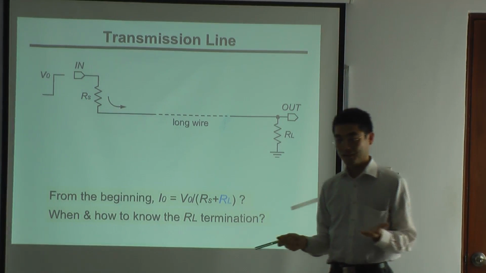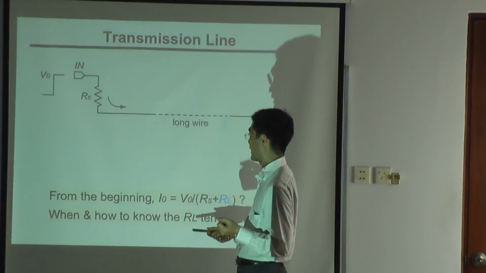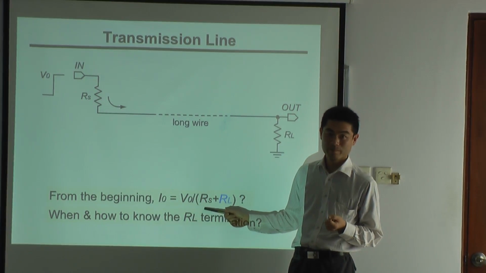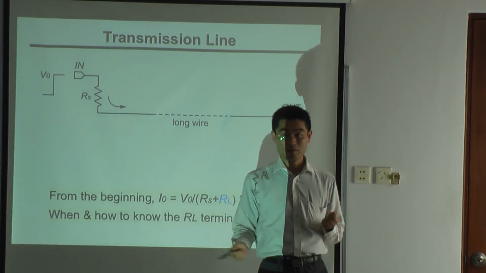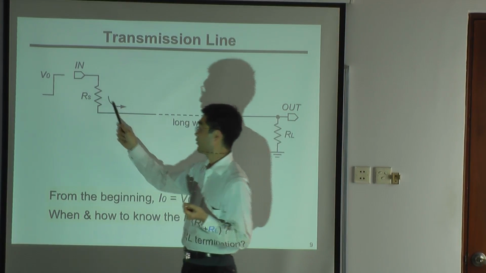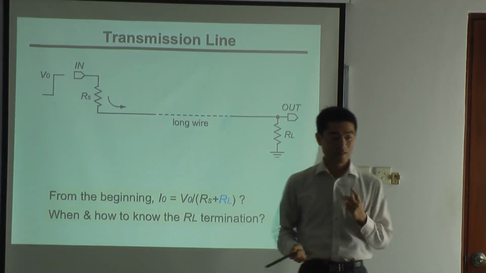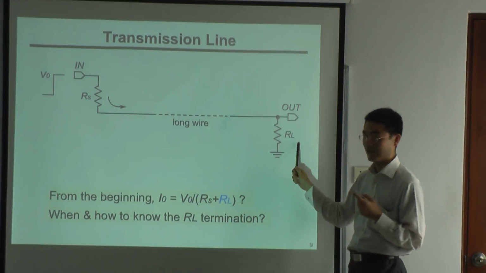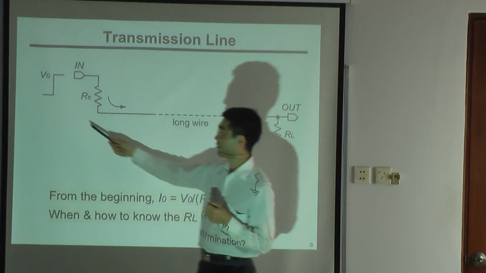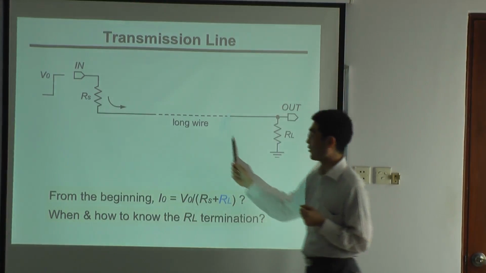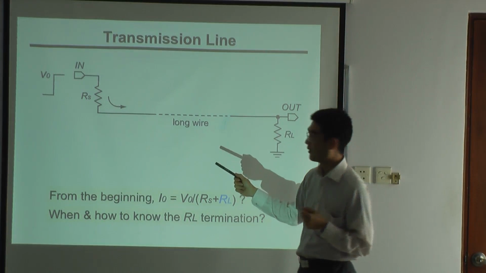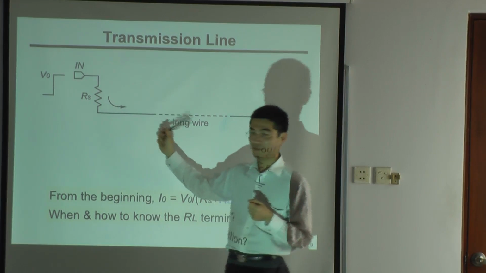After a long time, ultimately, the current would become this one. But the first time this voltage comes into the wire, how does it know about RL? Maybe it doesn't know the wire is terminated by RL. So how much current is going into this wire?